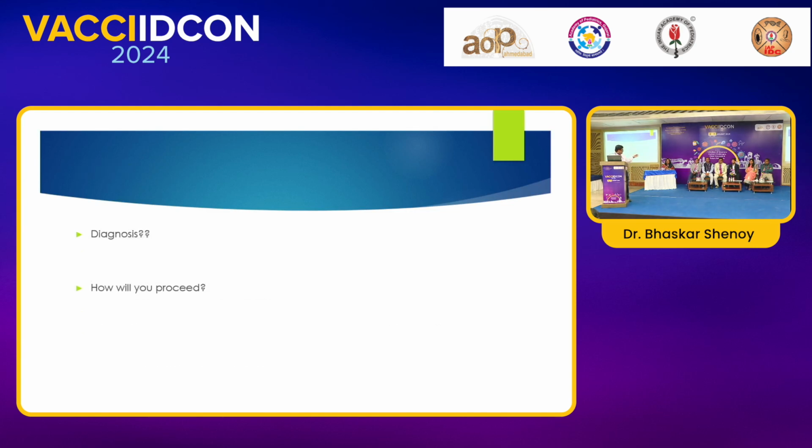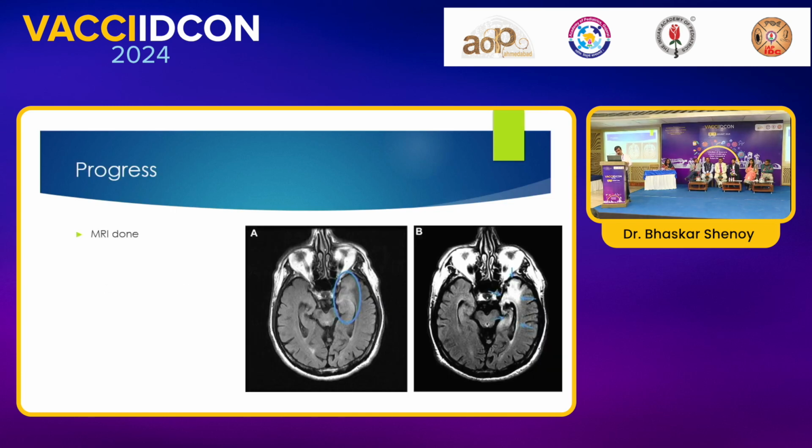So, sir, how will you manage? So this is basically acute viral encephalitis. The MRI picture and EEG are consistent with HSV encephalitis. PLEDs are quite specific, not always, but usually in the clinical picture, I think it reflects HSV encephalitis.